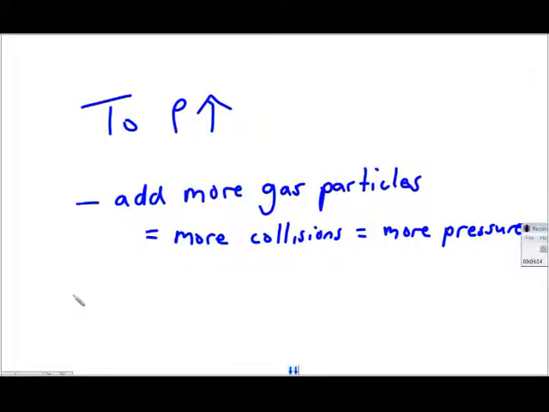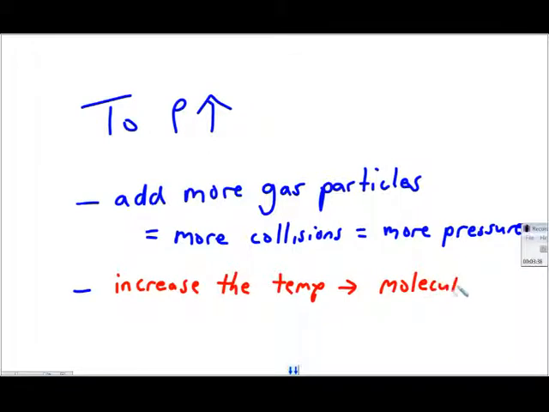Collisions cause pressure. Second option is if we can't increase the number of collisions, we can increase the force of collisions. And so to make the molecules move faster, we could increase the temperature. If we increase the temperature, molecules move faster.